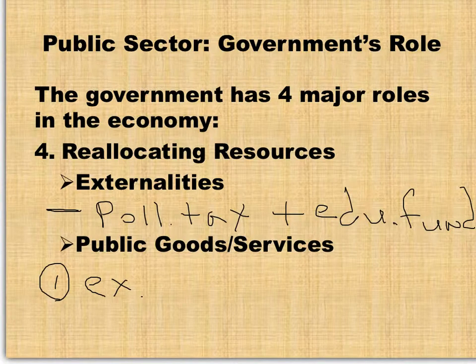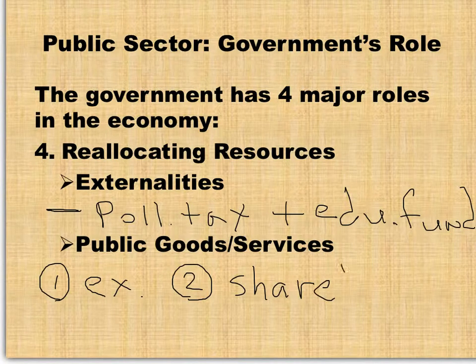The other thing that determines perhaps whether something is a public good or service is shared consumption. Now, I'll stick with the same example because it fits this as well. Streetlights. If something is shared consumption, then the government generally provides it as a public good.